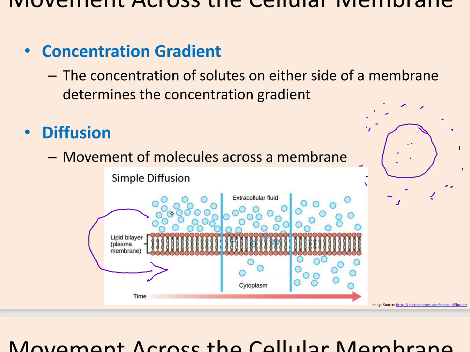In this example, this could be something like oxygen. Oxygen is a gas that can easily pass through the plasma membrane without requiring any additional help. If there's a lot of oxygen outside of the cell, but very little oxygen inside of the cell, then oxygen will naturally flow inside the cell via the plasma membrane. This is through the concentration gradient. This is called simple diffusion. It does not require any aid, and does not require energy for these to move inside the cell.